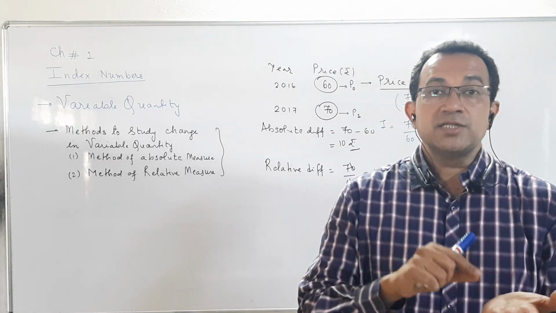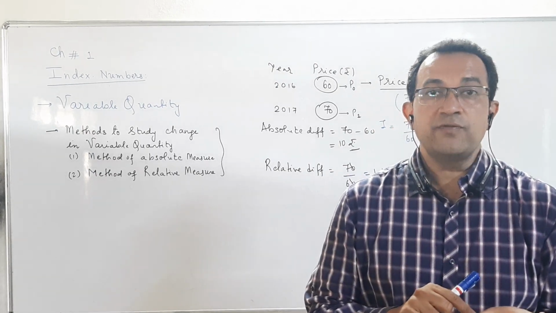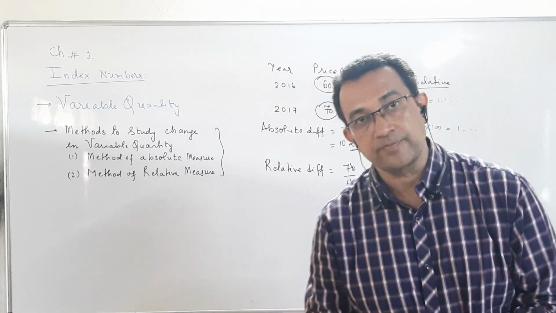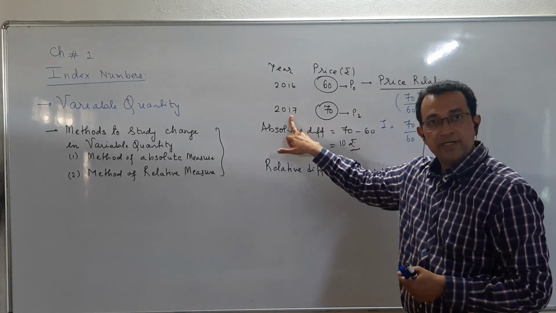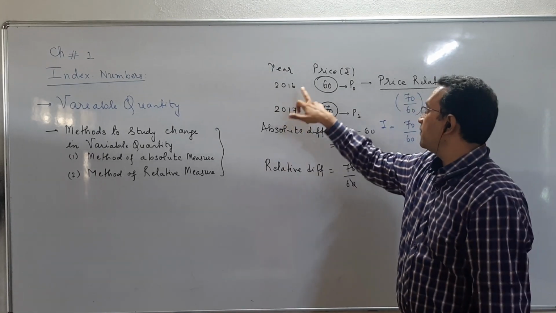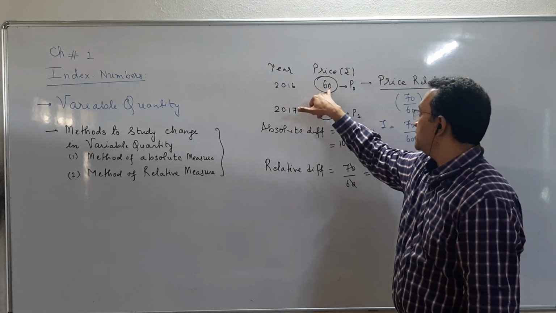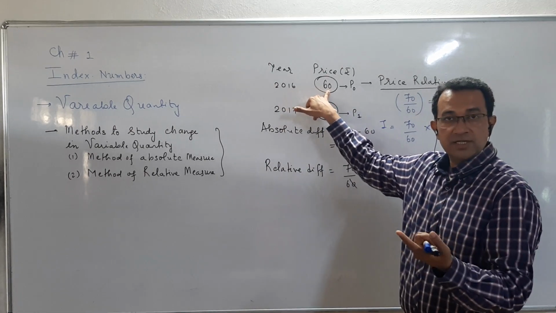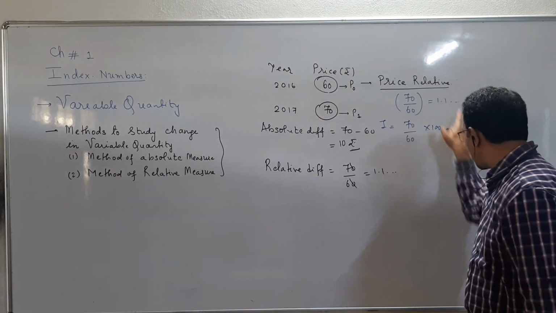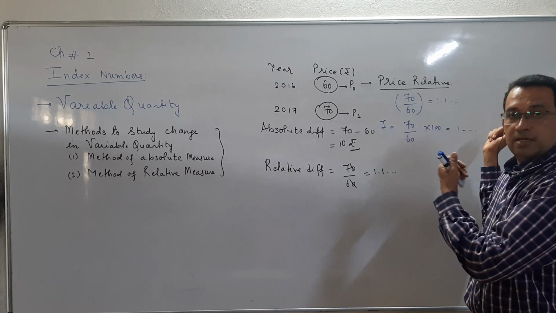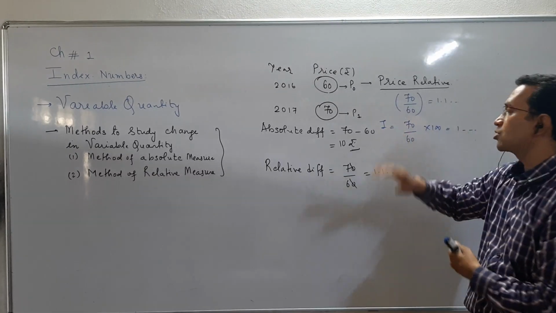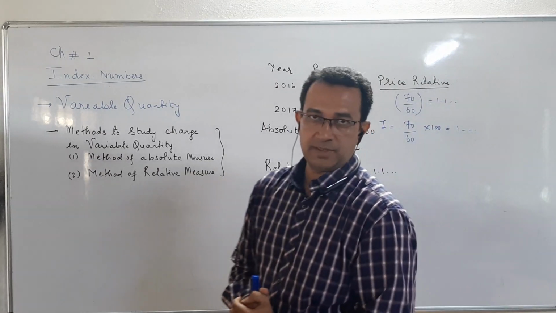The given period is 2017, compared to its value in a fixed period of time. My fixed period is 2016, and in that the value was 60. So 70 upon 60 into 100, whatever this answer is, 116 something, that is called index number.